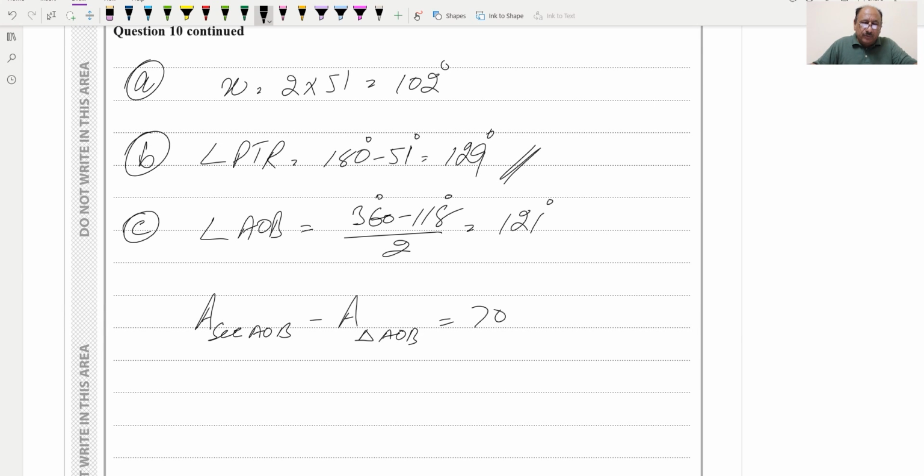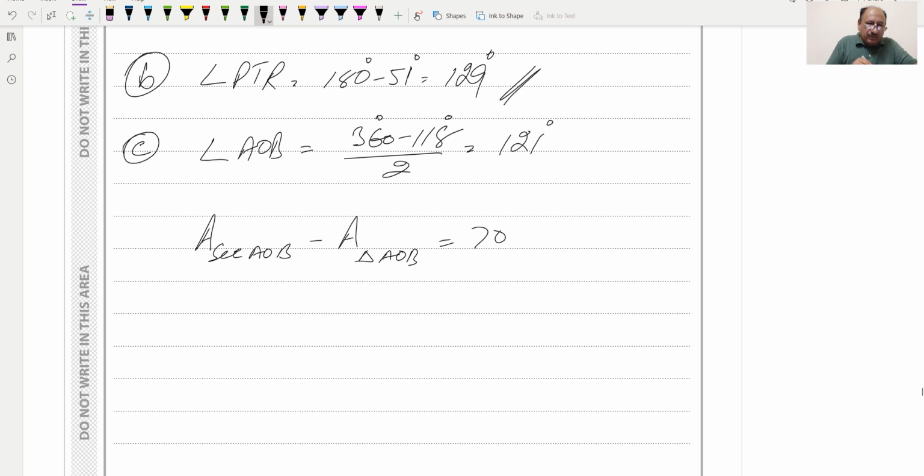This is the property we will be using. The formula for the area of a sector is theta over 360 into pi r square, with theta being 121. We don't know r, so we write r square. Minus the area of triangle, which is half into AB sine C. AB we don't have, so r and r will be r square, and sine of the angle, 121 degrees, is equal to 70.